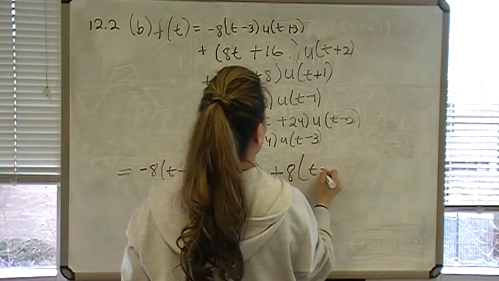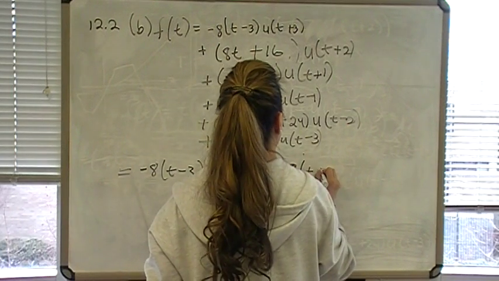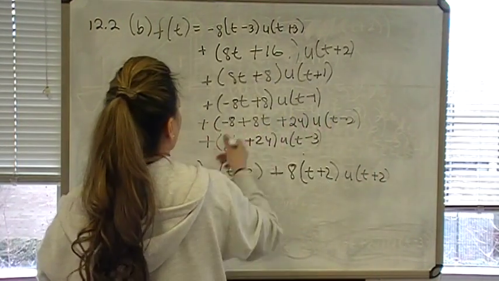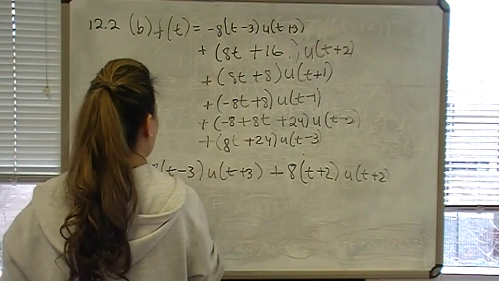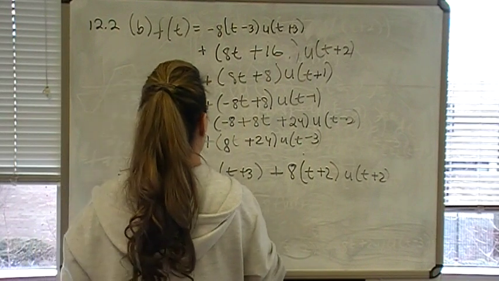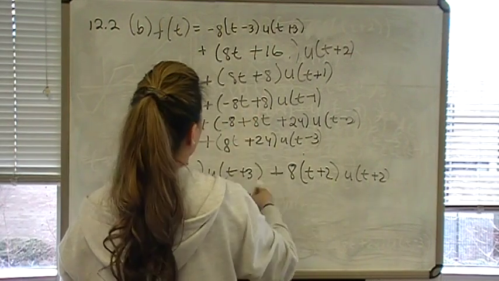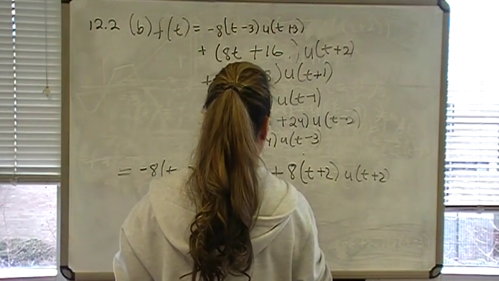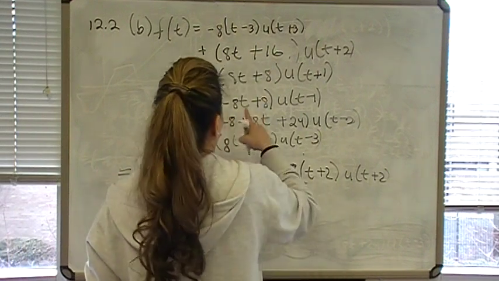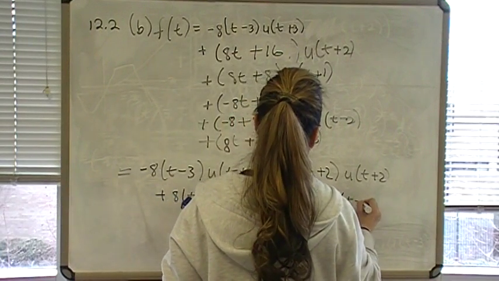That gives me t plus 2 u of t plus 2. And then here, we're going to factor out an 8 plus 8 t plus 1 u of t plus 1. Then here, we're going to factor out a negative 8. That leaves behind a t minus 1 times u of t minus 1.